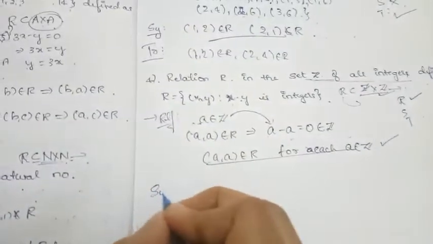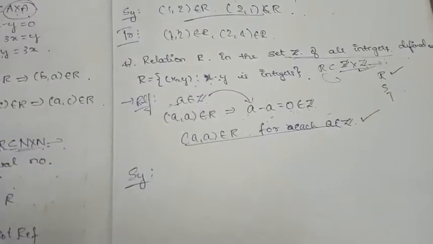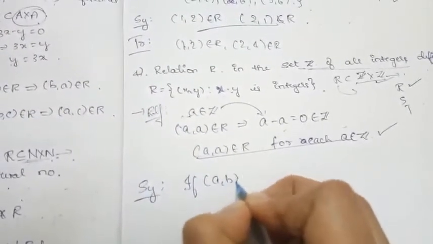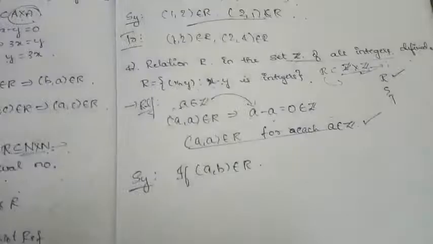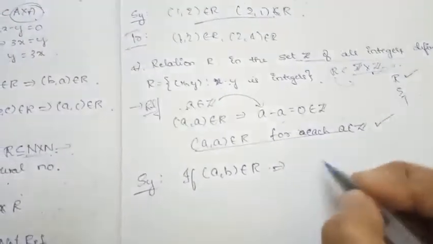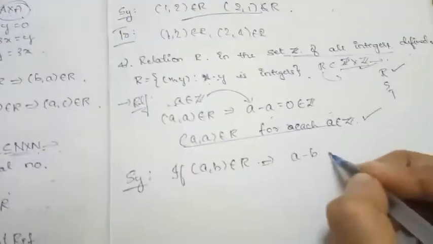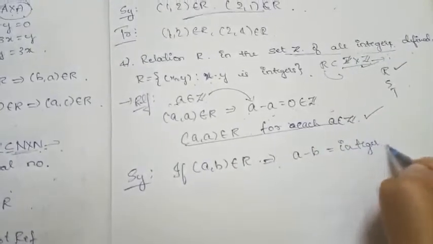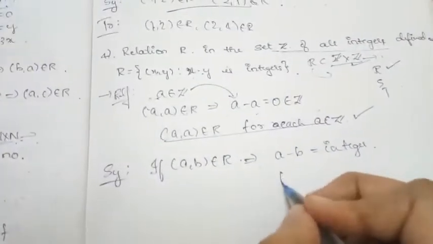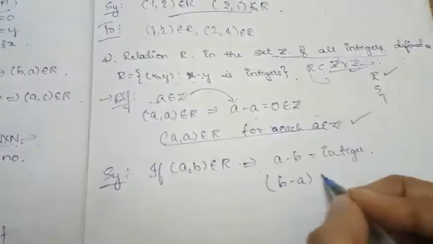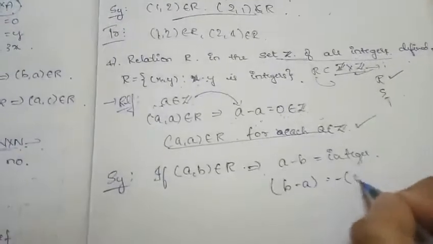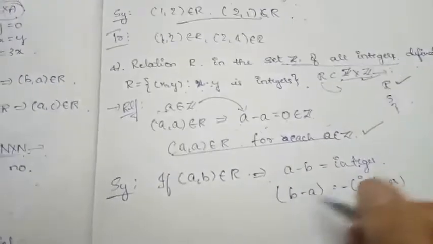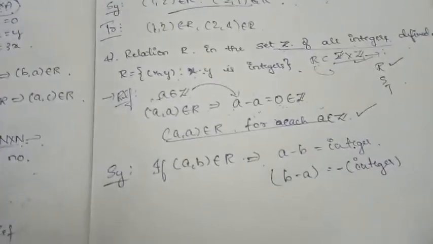Then next, checking for the symmetric relation. Suppose (a, b) belongs to the relation. What does that imply? It implies a minus b is an integer. If a minus b is an integer, what does b minus a say? It is the negative of the same integer. If it is a positive integer, then b minus a becomes the negative of that one.